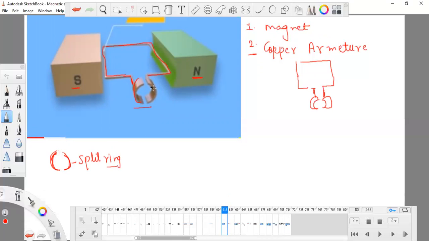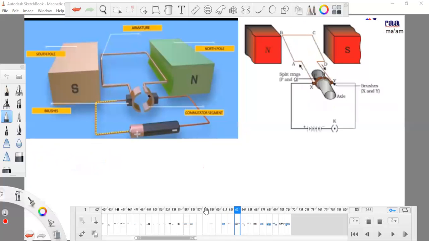So this is our split ring. I'm telling you the construction, how the construction works. So this is the complete electric motor.